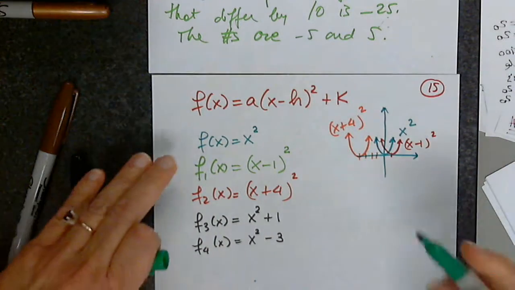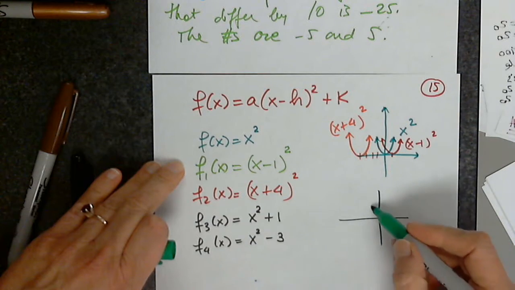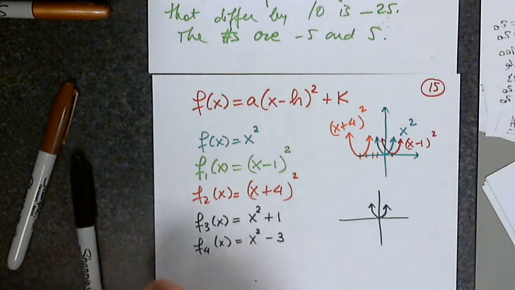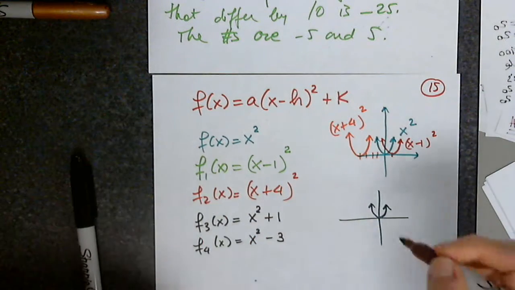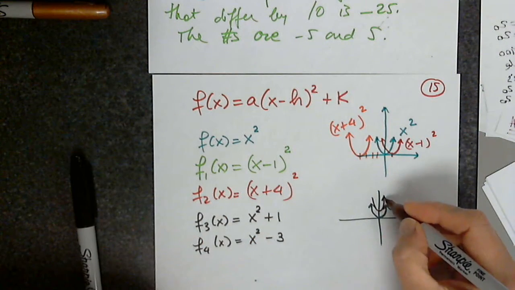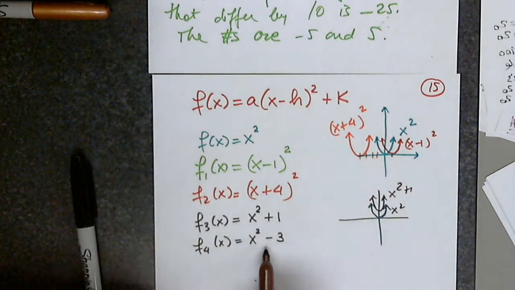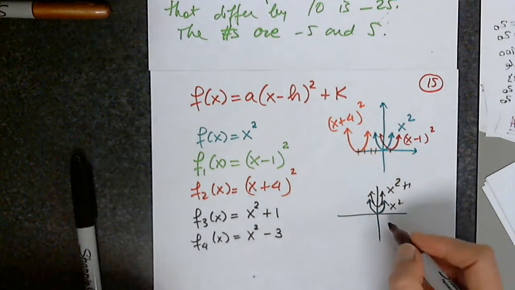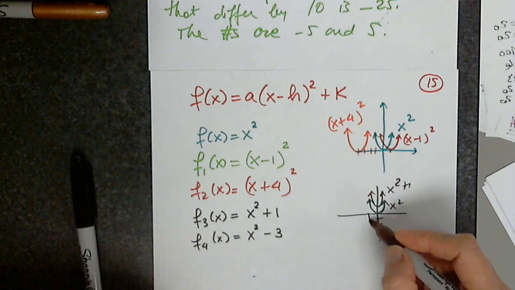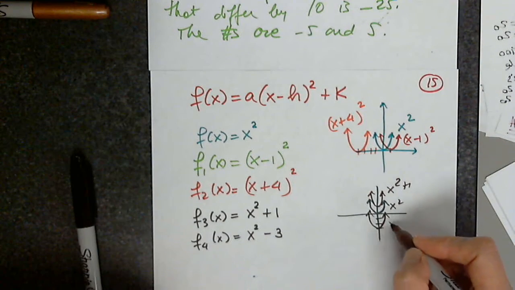Okay. So if I graph again x squared, and I want to graph x squared plus 1, this will be the graph of x squared plus 1. And this is x squared. If I want to graph x squared minus 3, this will be the graph of x squared minus 3.